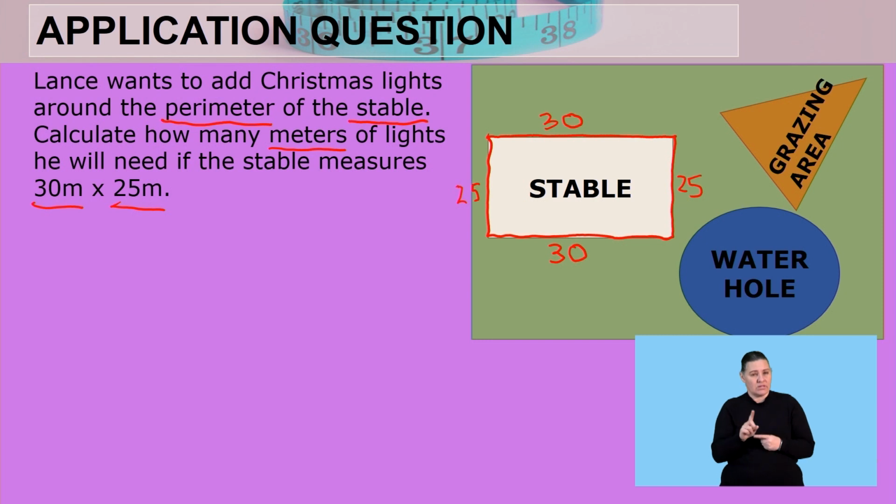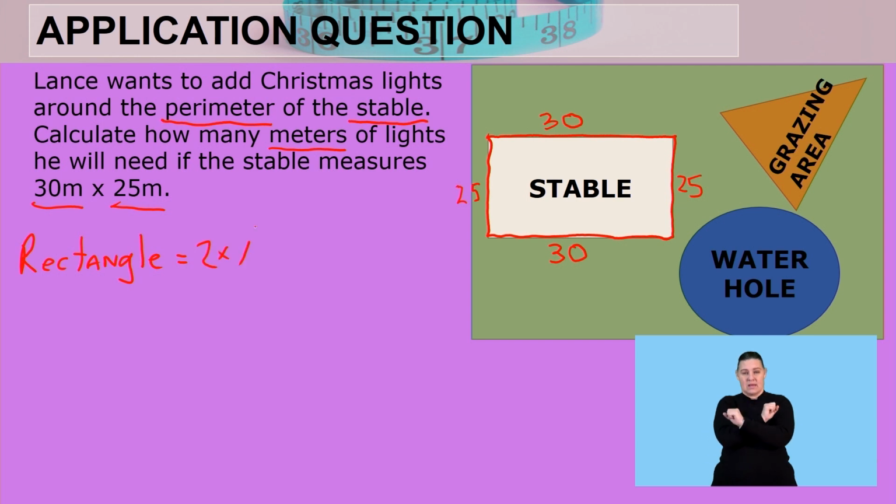We have a rectangle. What's the formula to find the perimeter of a rectangle? It equals 2 times length plus 2 times breadth.